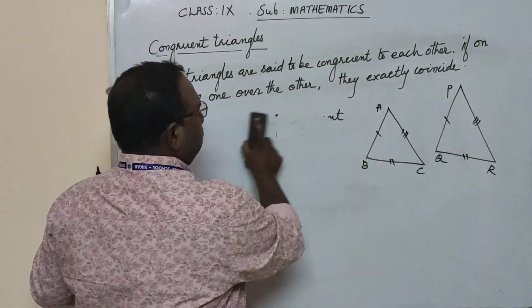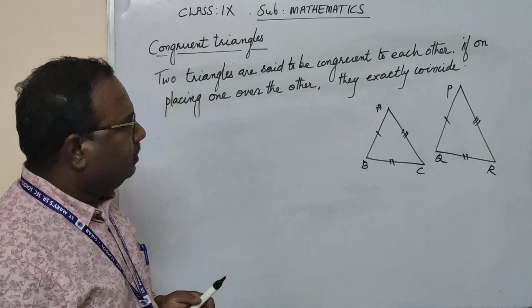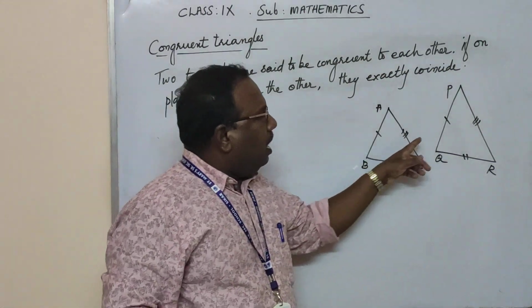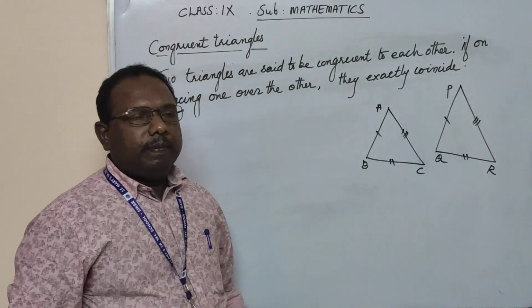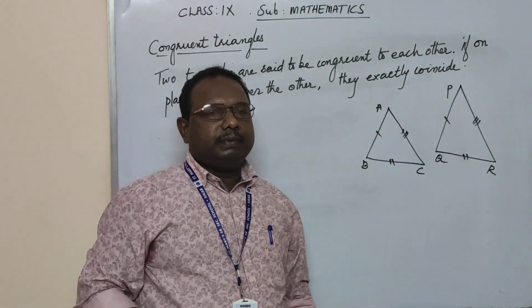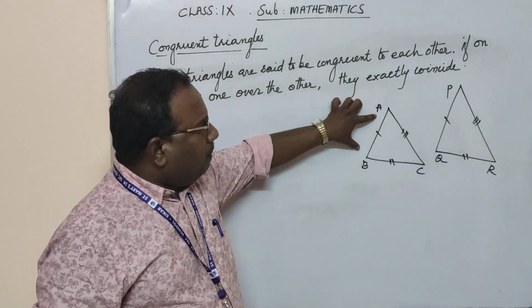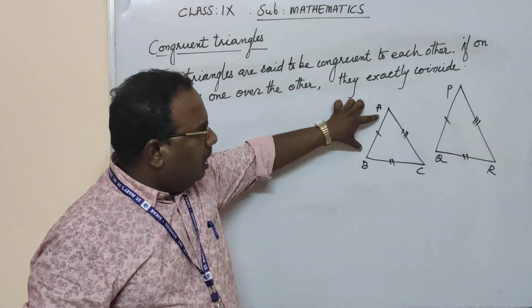Now, let's consider the same triangle ABC and triangle PQR. I told you, if triangle ABC is congruent to triangle PQR, what can we say? Corresponding parts are equal.